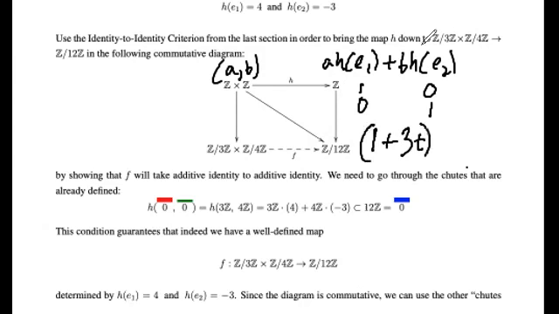And then H of E2 is going to be 1 more than a multiple of 4. So you can say like 1 plus 4 times maybe s here. So it's 1 plus some multiple of 3, 1 plus some multiple of 4.